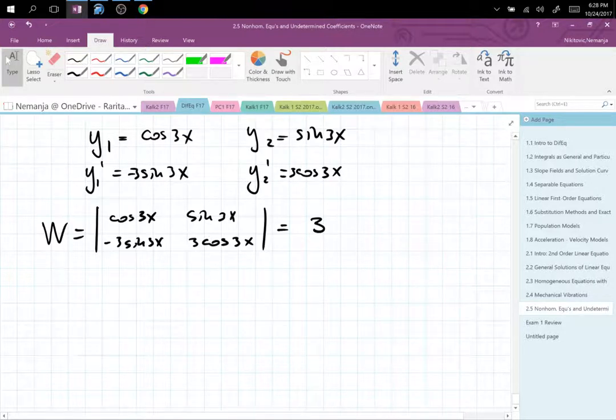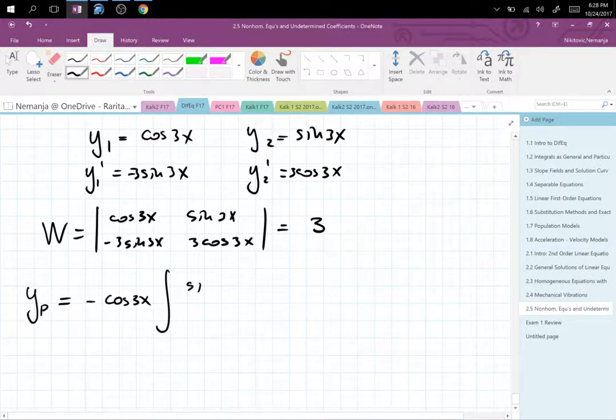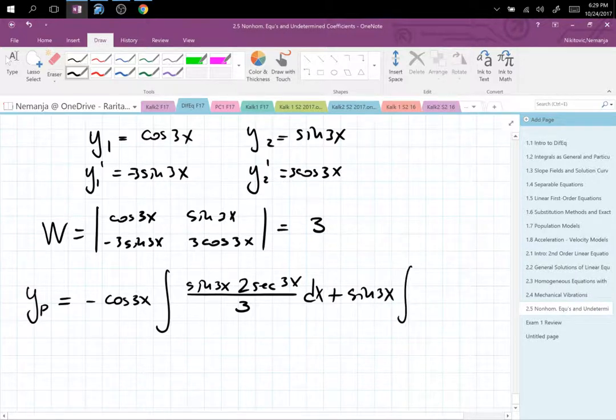So now we have yp is equal to negative cosine 3x times the integral of sine 3x times the function 2 secant 3x, everything over 3, dx, plus the other solution, sine 3x, integral of cosine 3x times 2 secant 3x over 3 dx.